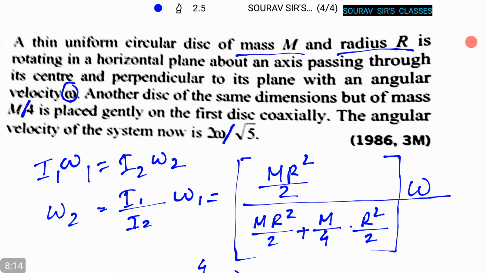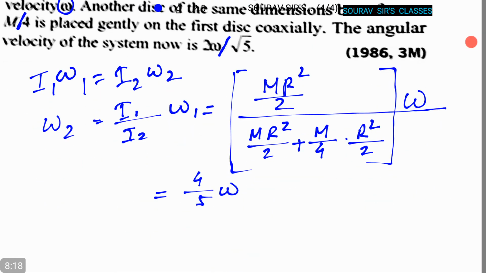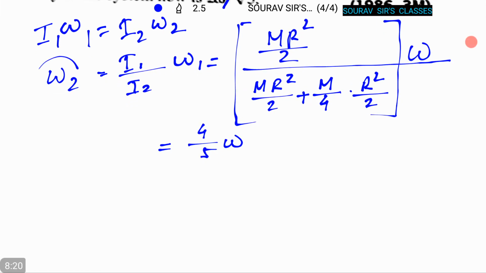So here the final angular velocity is 4 by 5 omega.